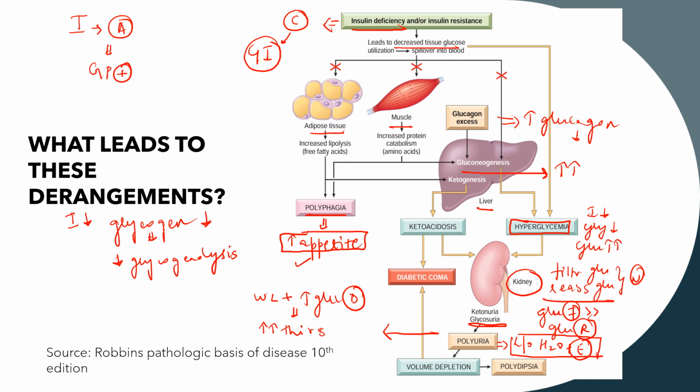Because water is also lost, glucose is also depleted. So the person tends to feel very thirsty. So that would lead to a state called polydipsia. So this is how these three symptoms will manifest in the body.